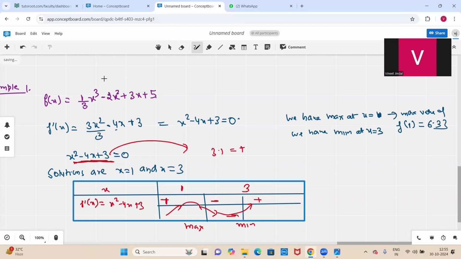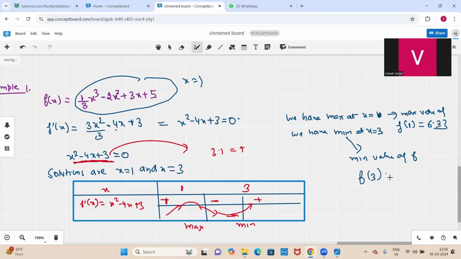You just have to insert the value x equal to 1 into this function. And the minimum value of the function, f(3), is equal to 5. Again, you have to insert the value x equal to 3 to get the minimum value of the function. So this is about the first derivative test to find the minimum or maximum value.